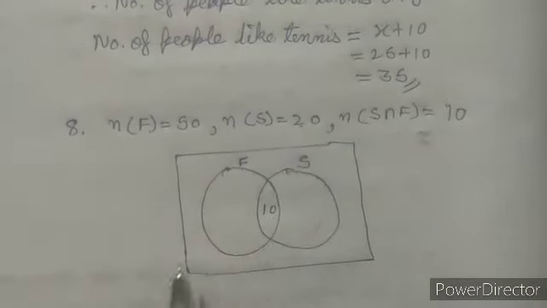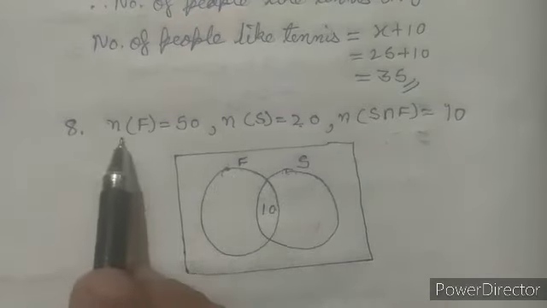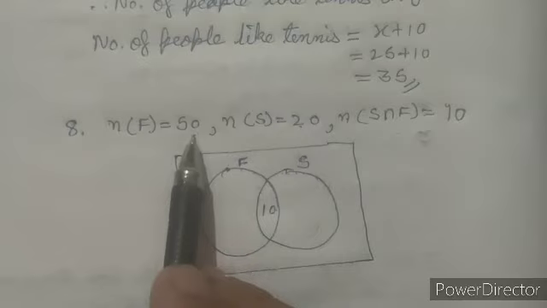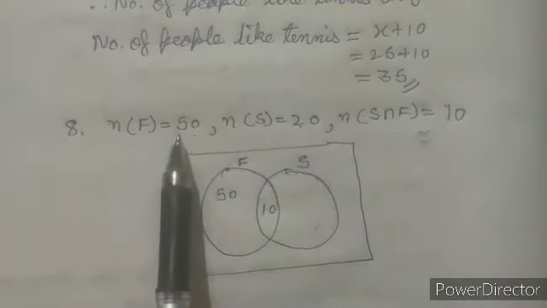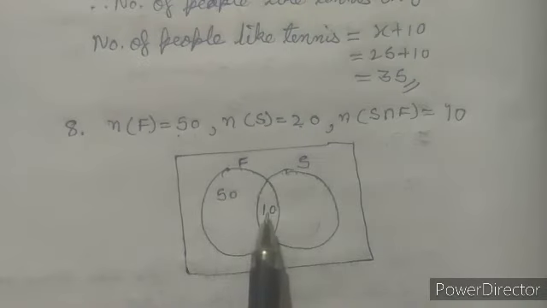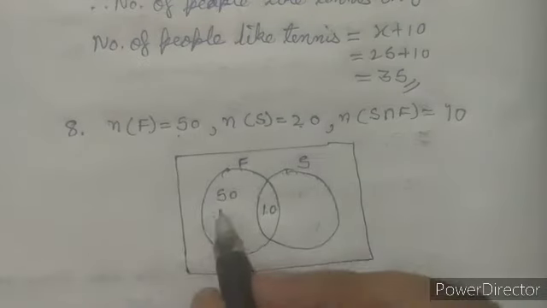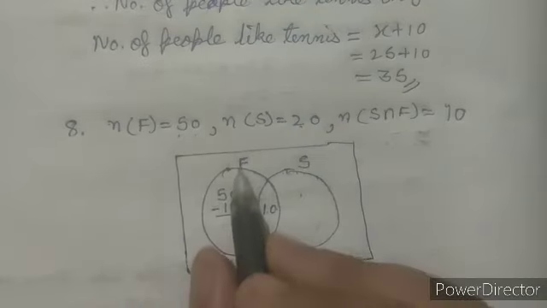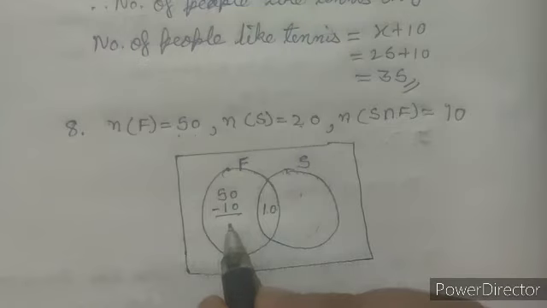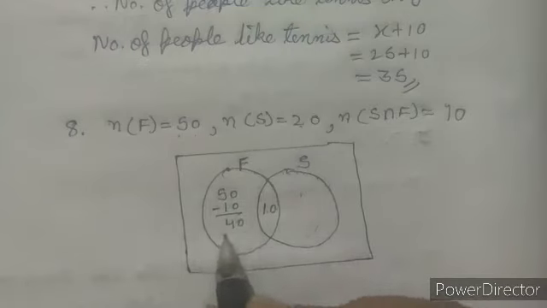That means the number of people who speak French and Spanish both is equal to 10. Now 50 people speak French, but out of these, 10 also speak Spanish. So 50 minus 10 will give us the number of people who speak French only, and that will be 40.